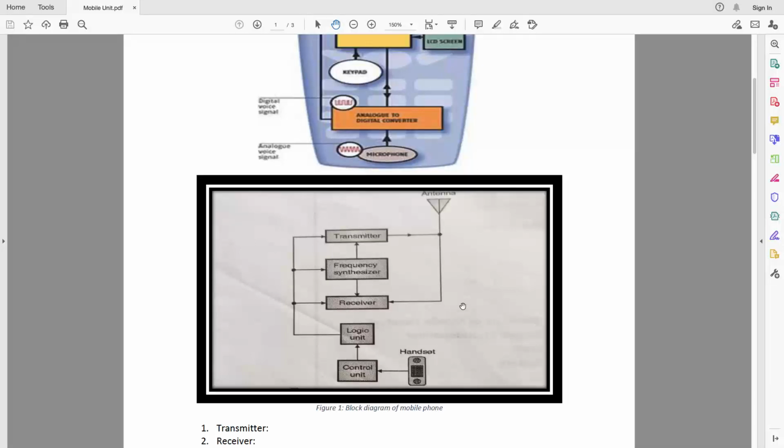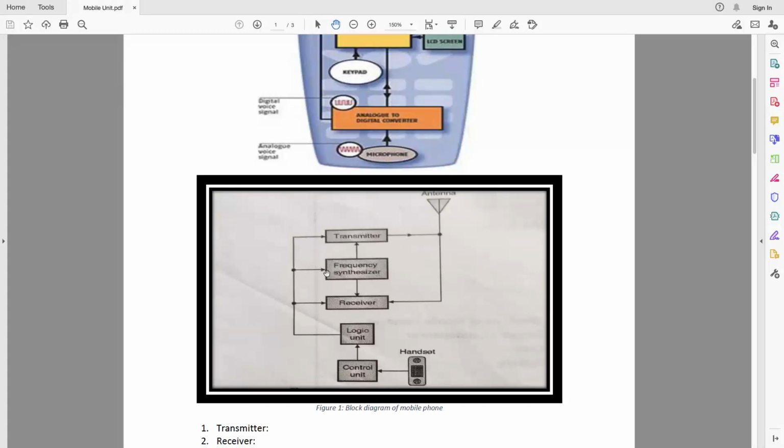So what is a receiver? The receiver will receive a signal from the electromagnetic spectrum with the help of an antenna, meaning the received signal is in analog form and it is again converted into digital form. So the function of the receiver is exactly opposite to the function of the transmitter.